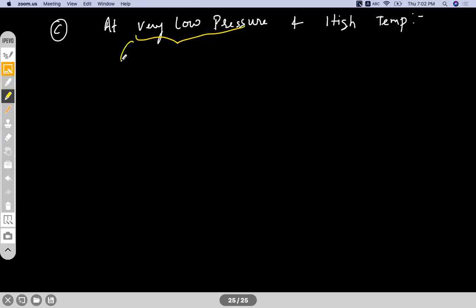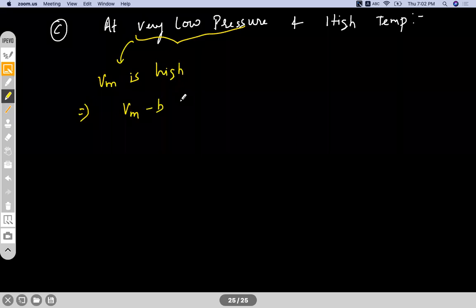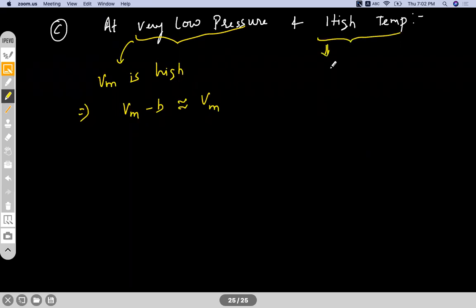Because of this, Vm is high, and hence we can write Vm − b is almost equal to Vm. And because of high temperature, KE is high, kinetic energy is high. With high kinetic energy, the velocity of the gaseous particles is high.